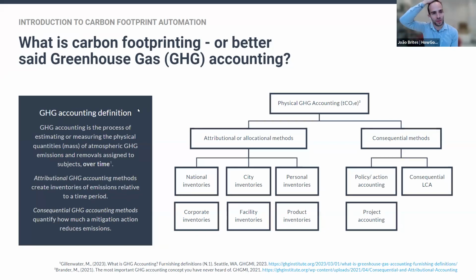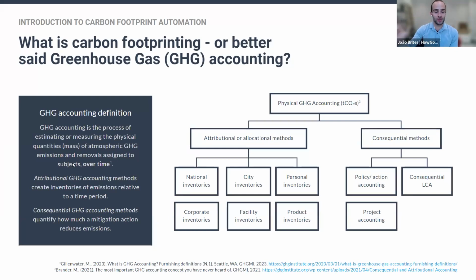Carbon footprinting, or as we prefer to say here at HowGood, greenhouse gas accounting, is how we estimate and measure the physical quantities of greenhouse gas emissions and removals assigned to different subjects over time. And this piece of over time is really important because it's what makes it accounting, right? You want to measure emissions in a way that is consistent over time so you can make comparisons.